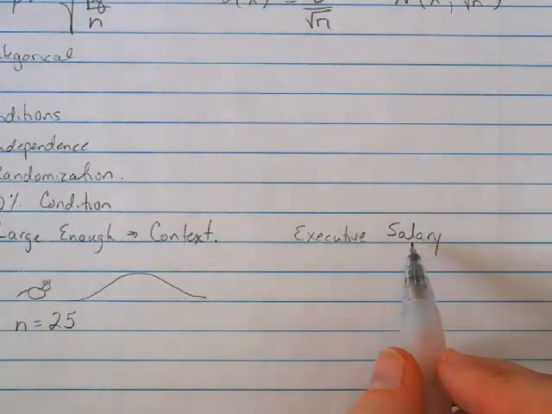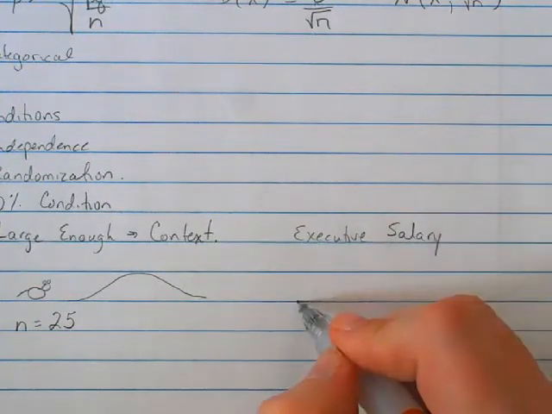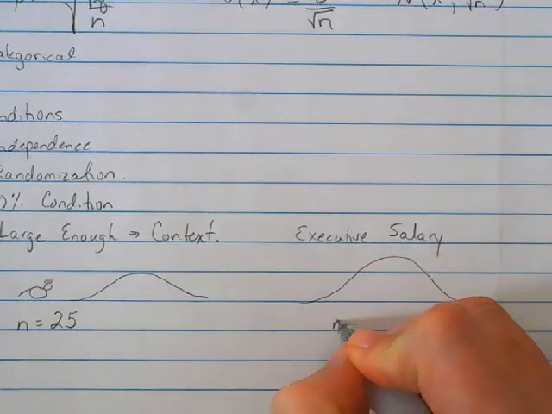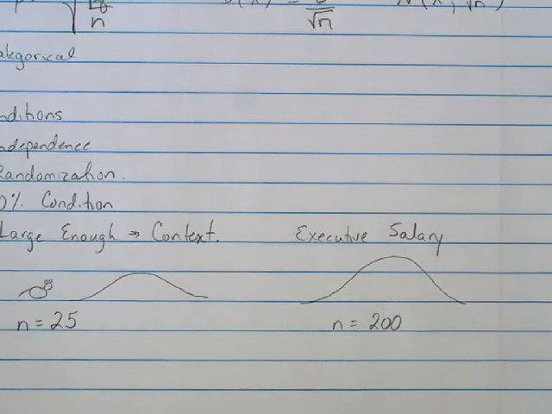So since the executive salary is going to have so much variability in it, in order to get to a normal model, we have to rely very heavily on that central limit theorem. And the central limit theorem says the more samples I take, the bigger n is, the more I approach the normal model. So if I'm talking about executive salary, then my n is going to need to be something like maybe 200 before I feel confident using a normal model.